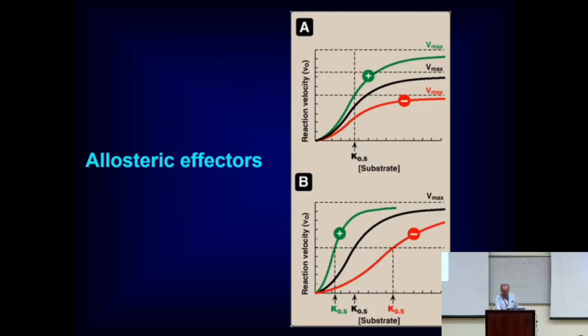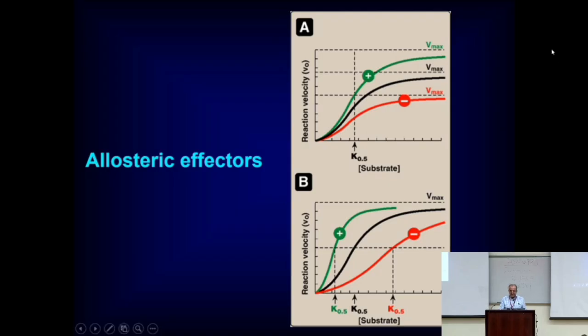So how are allosteric enzymes regulated? There are two ways you can regulate an enzyme allosterically. I'm going to start here with A. Here's an allosteric enzyme. Again, you note this S-shaped curve. They all have an S-shaped curve.